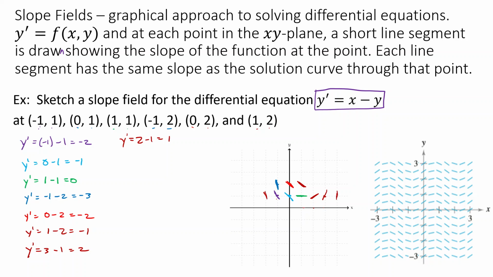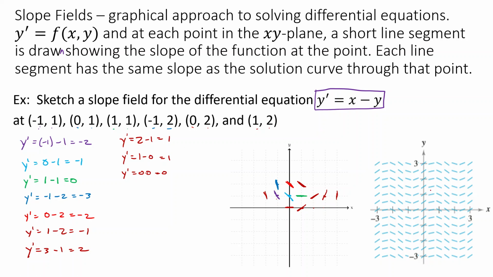We could go back down like 1, 0. It'd be here, positive, going up like that. If we wanted to do the point 0, 0, we'd get 0, and that'd be flat like that, and so on. We can draw in all the different slopes at any point we want, and that'll give us the slope of the derivative.